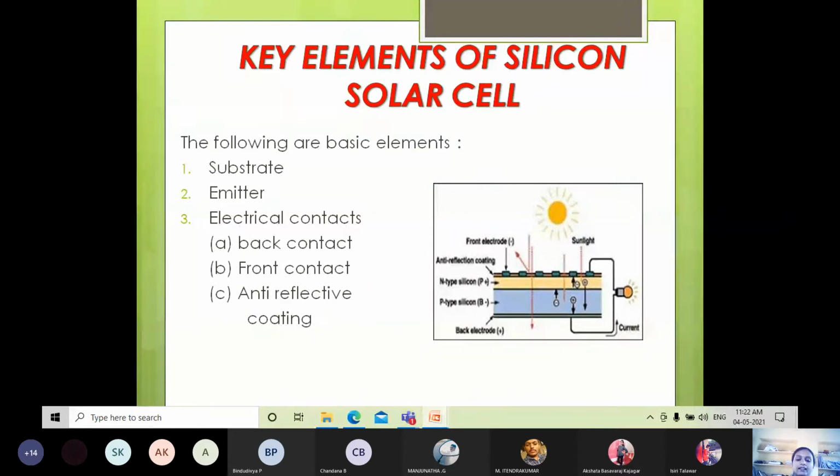The thickness of the wafer used for a solar cell is 180 to 300 micrometer, and the resistivity values are 1 to 2 ohm centimeter, and the doping should be close to 5 × 10^15 per cubic centimeter, and it may be 1 × 10^16 per cubic centimeter.